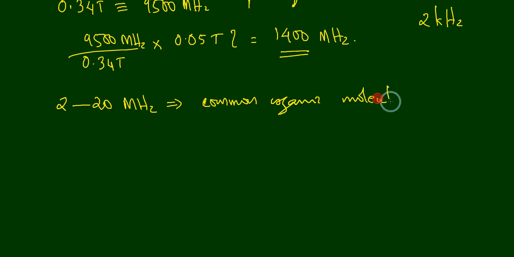Now you can compare this coupling constant with the coupling constant that you observed in the ESR spectrum of the hydrogen atom. In the case of the hydrogen atom, you observed a coupling constant of 1400 megahertz. What is the coupling constant in the case of common organic molecules? That is 2 to 20 megahertz.